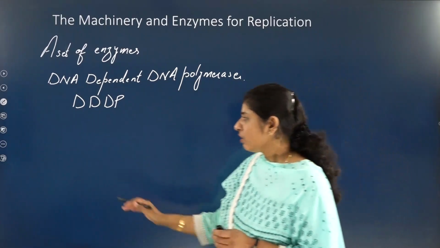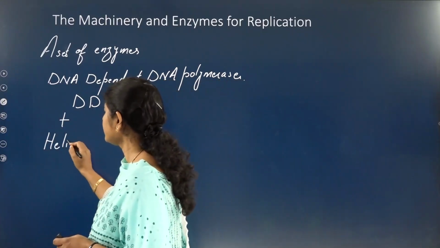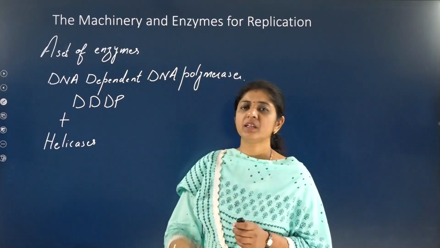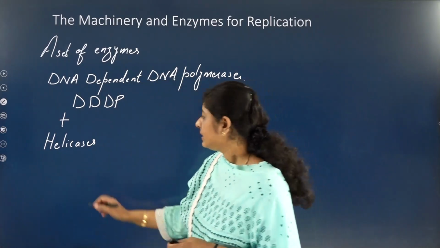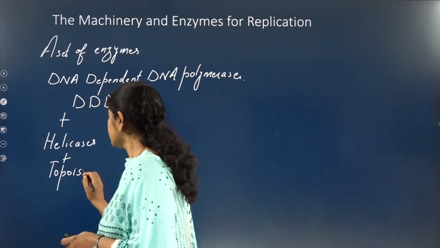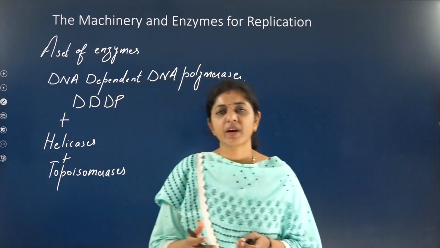And along with that, other enzymes are included, like helicases, which unwind the DNA and break the hydrogen bonds. Then there are topoisomerases, which relieve the stress of unwinding.